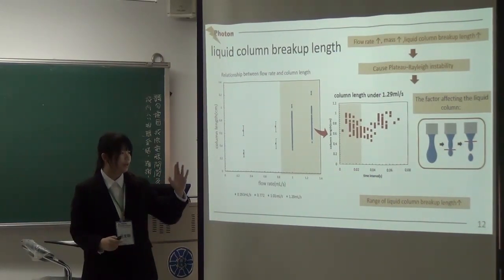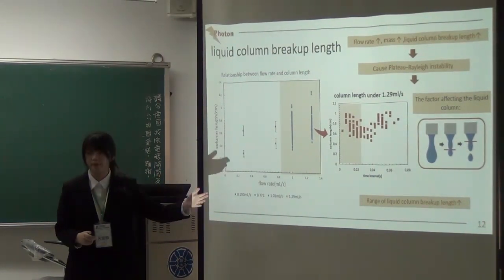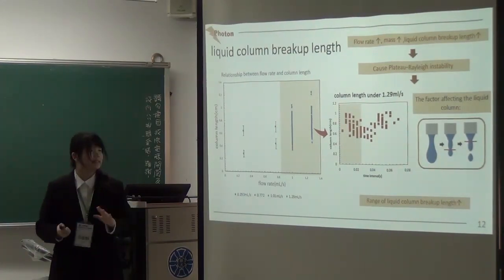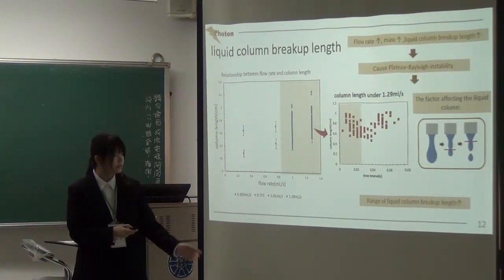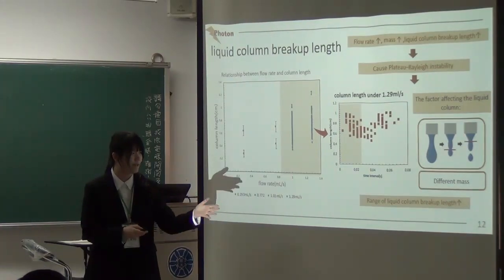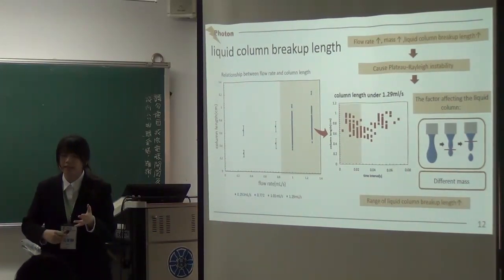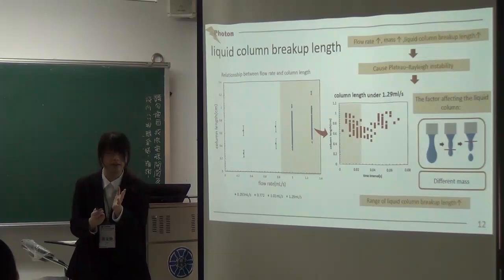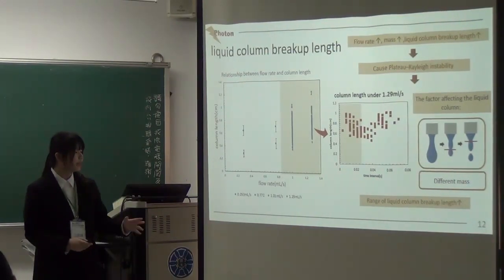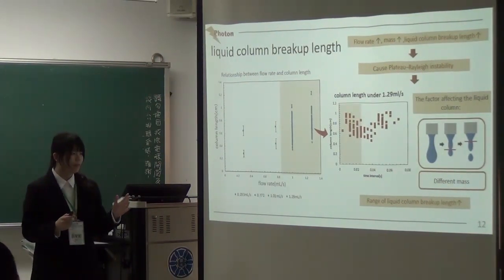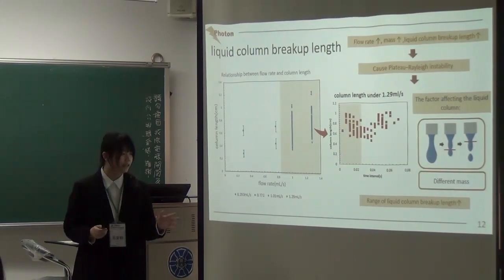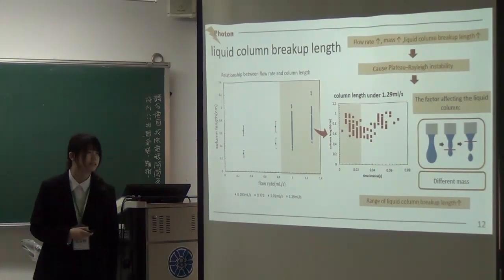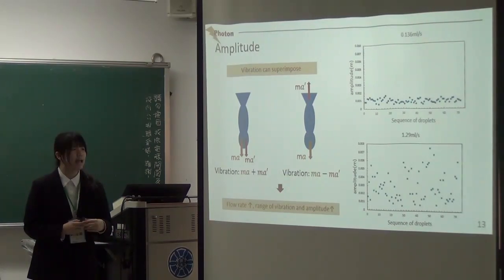So when the time interval increases, the liquid column will decrease. And the second factor is the different mass. If I have a different mass, it will elongate a different liquid column. So we can know that in the chaotic condition, when water flow rate increases, the range of the liquid column well-length will increase.